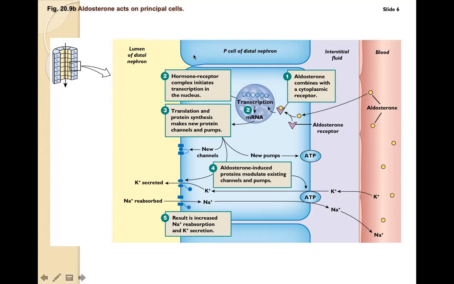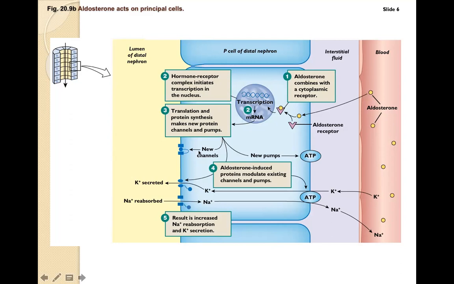The genes that they are allowing for transcription of are those that will code for the protein synthesis for new protein channels and protein pumps that will allow for sodium to be reabsorbed. So you get your transcription happening where you're making your mRNA transcript, and then that mRNA will leave the nucleus of the cell, it'll enter the cytosol, and it will be translated into proteins that will make these new protein channels and protein pumps.